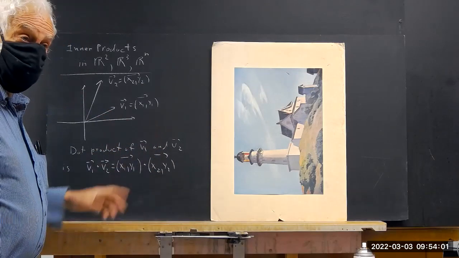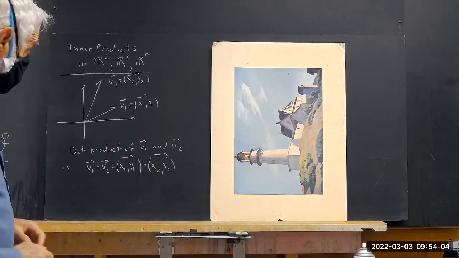You don't really need the arrow over these, but it reminds us these are vectors and not points.